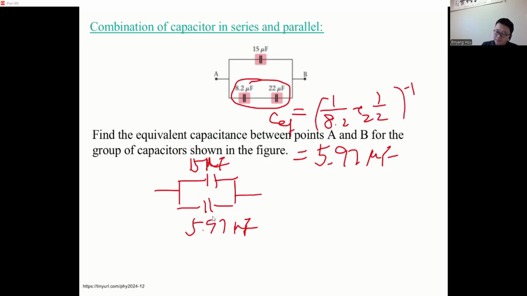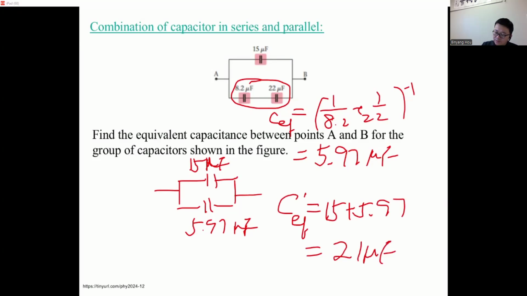Okay, so the final CEQ, let me call it prime, then it should be just 15 plus 5.97, which gives me about just 21 microfarad on that. Okay, so this will be the solution to this guy. Okay, so we treat this one first, and then this one will be in parallel with that part. Okay, all right.